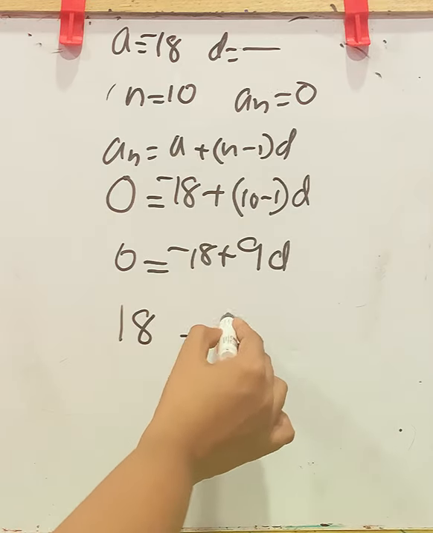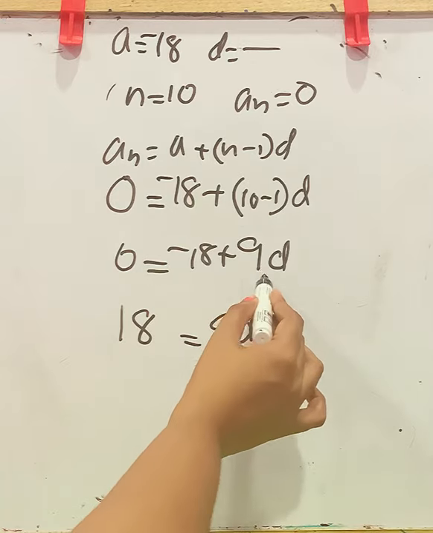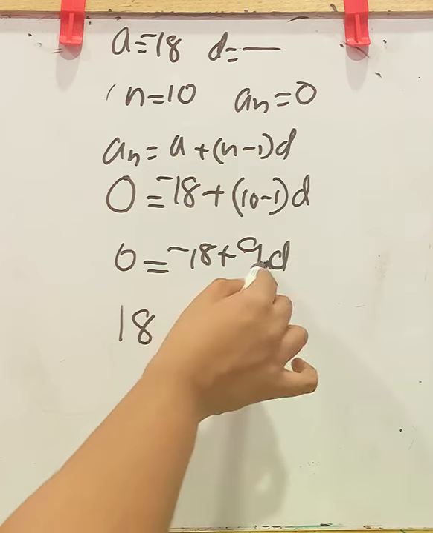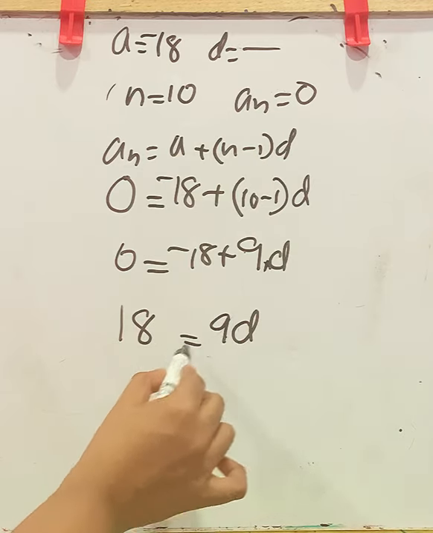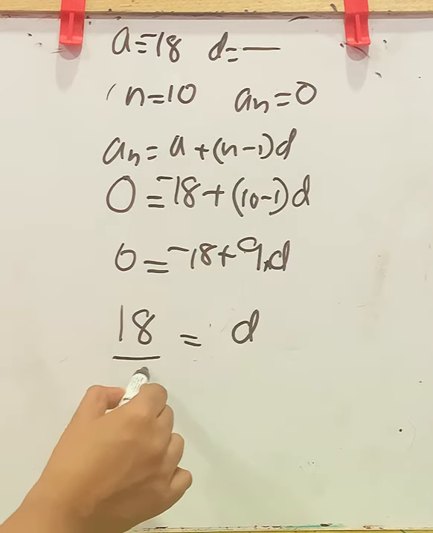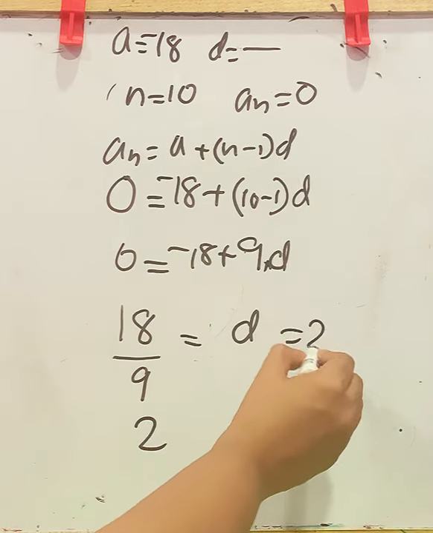Now here it is 9d. Don't take 9 to this side as minus 9 because here it is multiplication. While taking it to the other side, it goes to division, that is the denominator. So 9d, keep the d here. 9 we will take to this side, then it goes to the denominator. 18 divided by 9 is 2. That is d equal to 2.